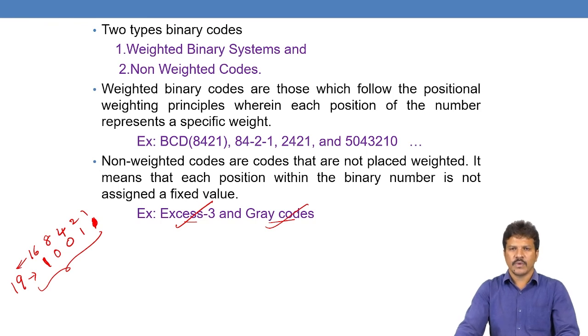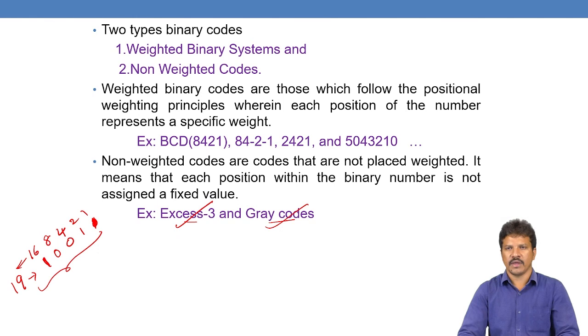Likewise, whenever we represent any binary number in a computer, it can be represented either by direct binary conversion using the weights 1, 2, 4, 8, 16, 32, 64, 128 and so on, or otherwise we can use weighted codes like BCD 8421, 84-2-1, 2421 or 5043-210.